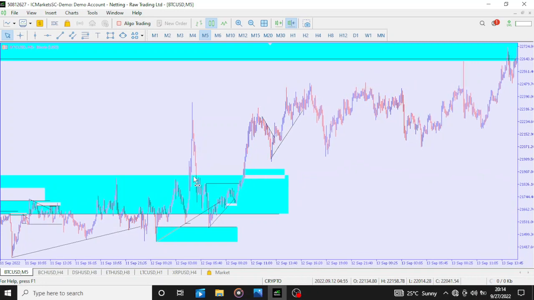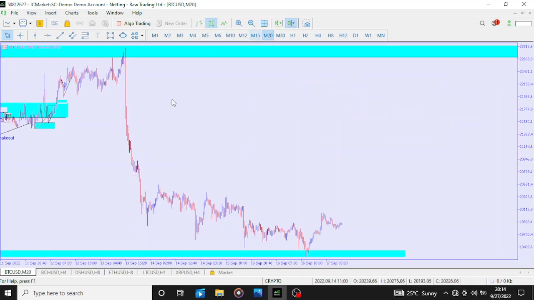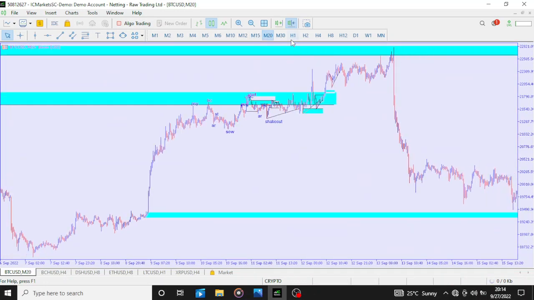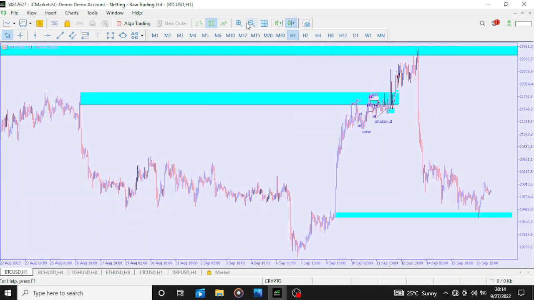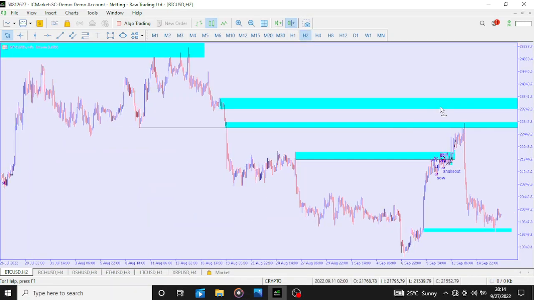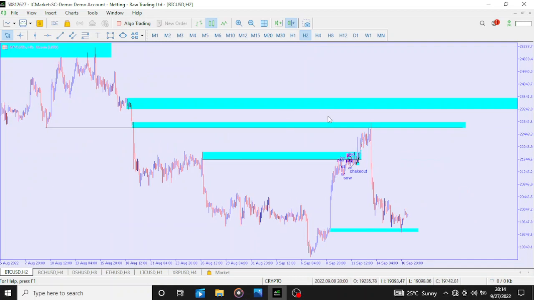And I was expecting the price to at least tap this supply zone. I did see this one, and this supports, but somehow I wanted the price to react off of this order block.